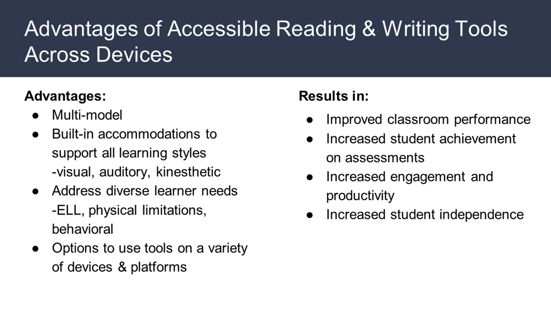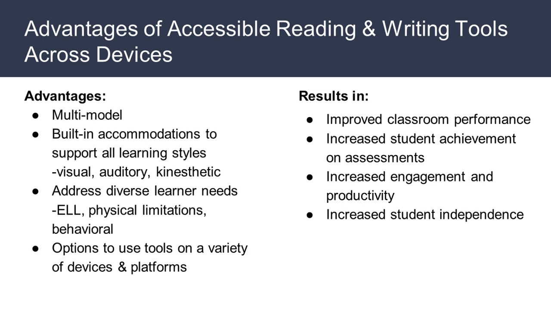So Co-Writer isn't just for kids in special ed. Any kid who might be a language learner, any physical limitations, students on 504 plans, students with behavior issues who are just shutting down with writing. So this is why I'm really helping people to think through, how do you advocate for these kinds of accessible tools as a UDL tool for everyone, for the whole district?